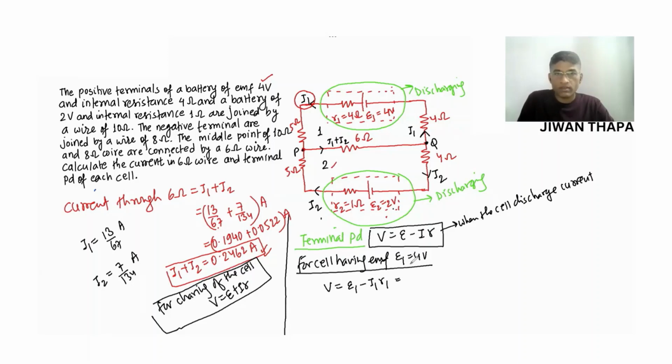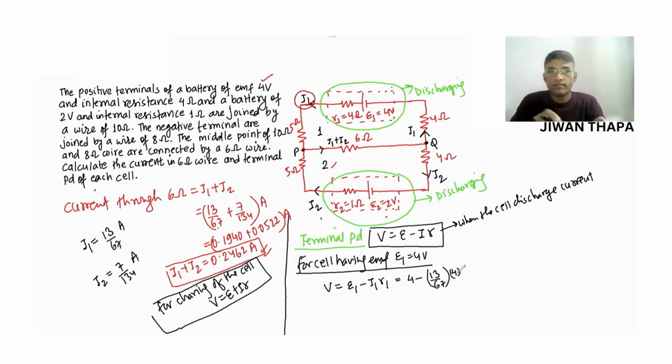So this gives E1 is 4 minus I1 is 13 by 67 times R1 is 4 ohm.